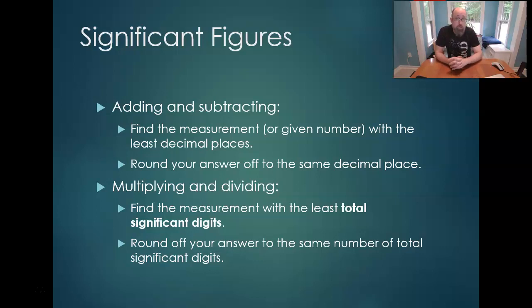So the number of digits you're given, or the number of digits that you measure by your instrument, determines the number of digits that you can keep in your final answer. What if the measurements don't agree? What if I have a measurement that has 3 digits, and then I have another measurement that has 4 digits? Like a mass that has 4 digits, but a volume that only has 3 digits.